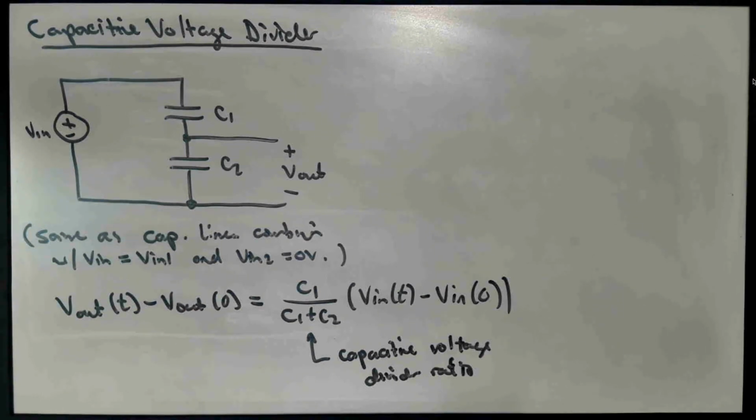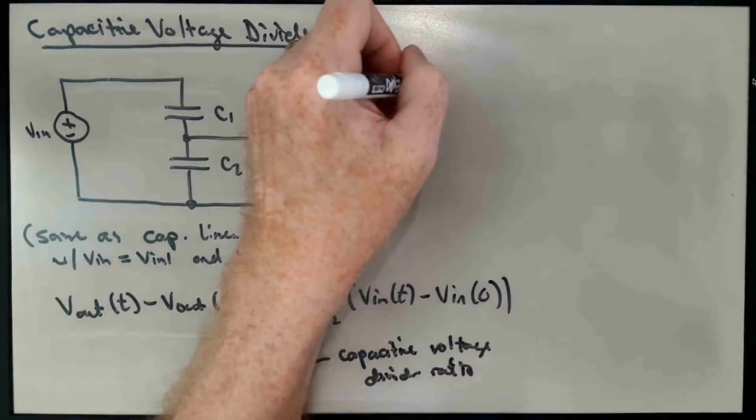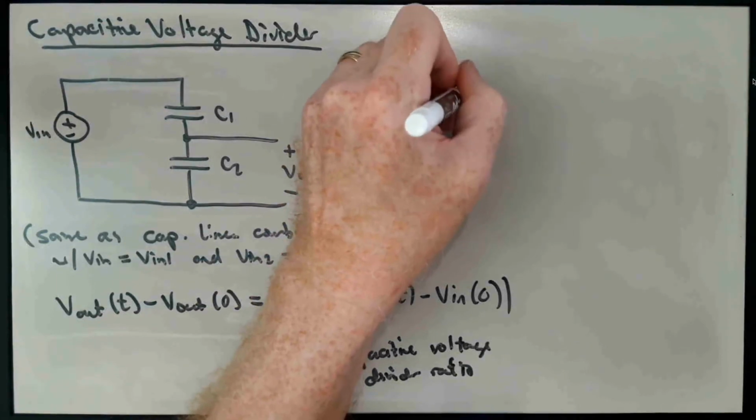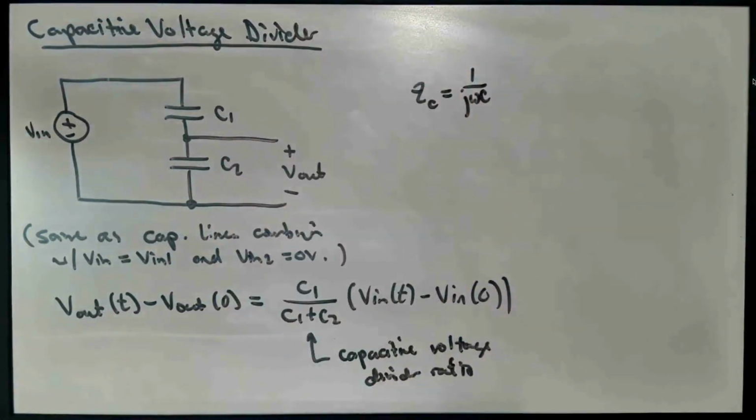And we can relate this to the concept of complex impedance, which you may recall from ISIM. So the impedance of a capacitor, Z sub C, is 1 over j omega C. Okay, so it's inversely related to the capacitance.